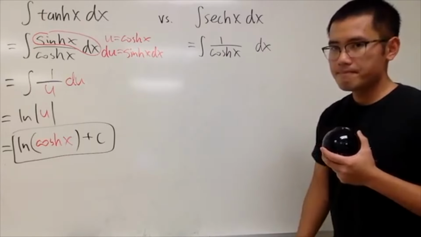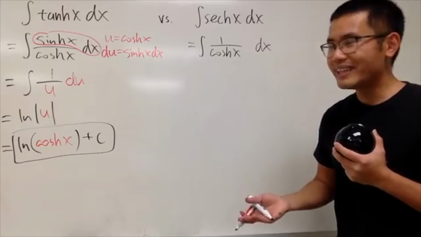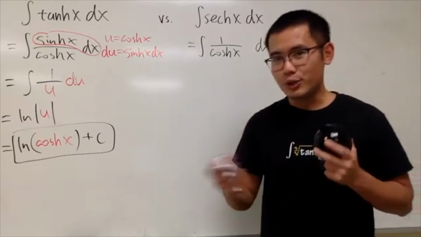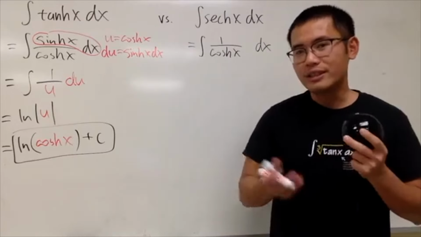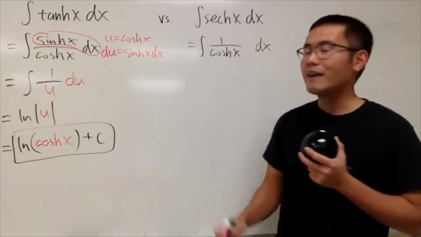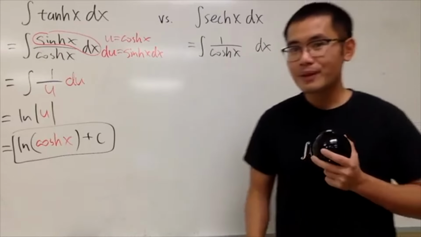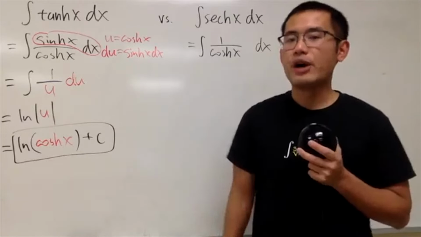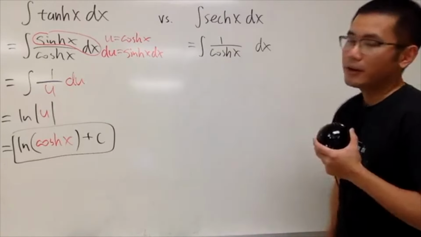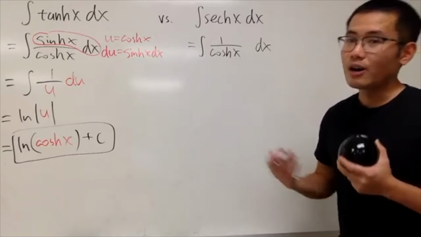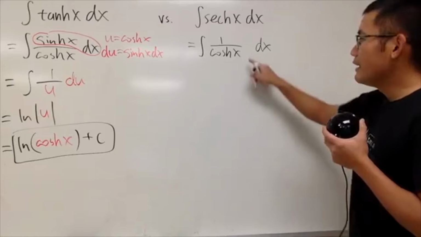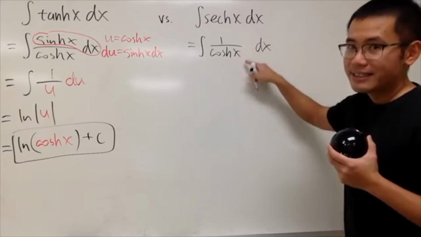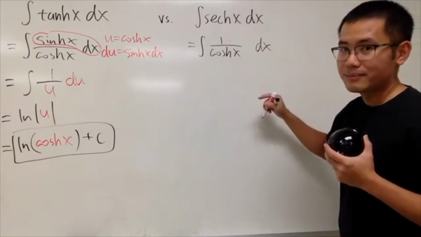Well, we want to have more things to work with. Just like the traditional version, when you have an integral, sine and cosine, they are best friends. When we have the hyperbolic version, sinh and cosh, they are best friends. If we have cosh right here now, we want to produce sinh to help us out. And to do that, in fact, I'm not going to multiply sinh on the top and also on the bottom.